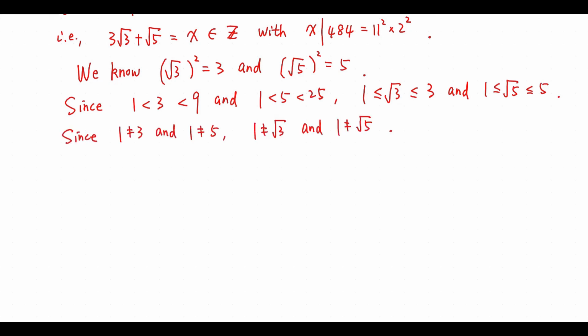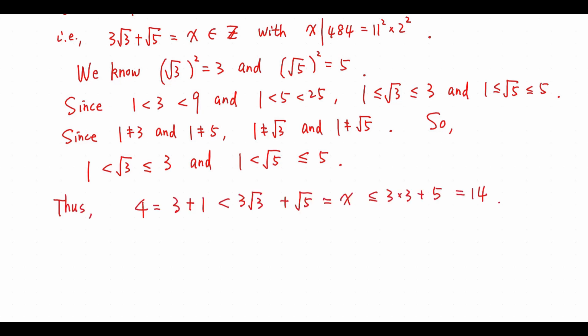We see that the square root of 3 is not 1, and the square root of 5 is not 1. So we get these two inequalities. This gives 4 is less than x, and x is less than or equal to 14. So x is in this set.